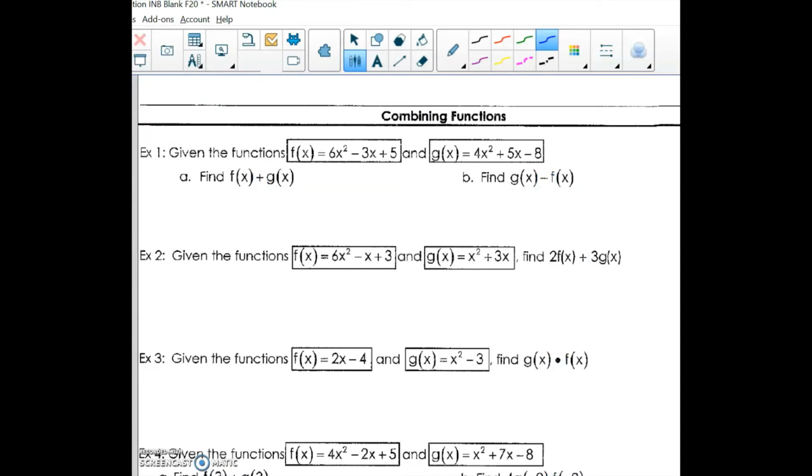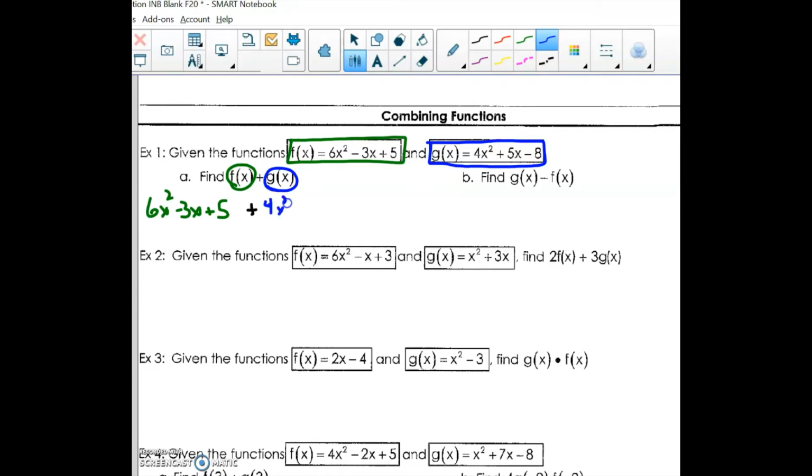All right, so this first example, example 1, says that we're going to take the f function, which is here, 6x squared minus 3x plus 5, and we're going to add to it the g function, 4x squared plus 5x minus 8. Really, this is just polynomial addition, which was what we did at the beginning of this unit.